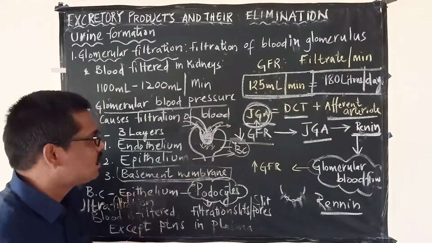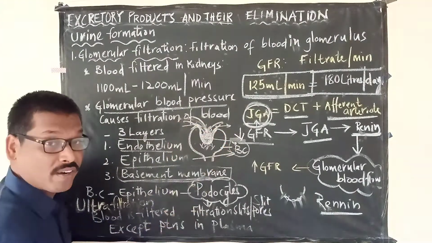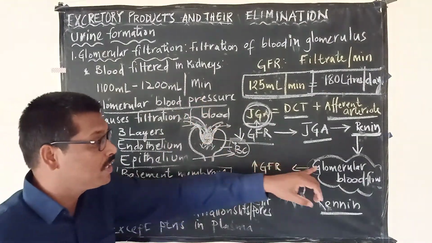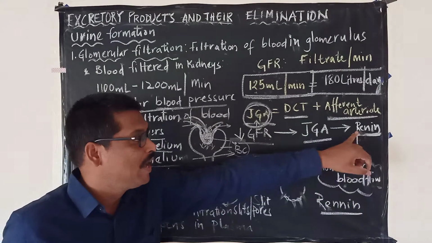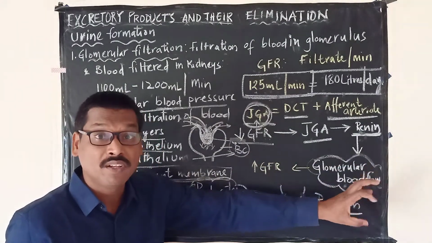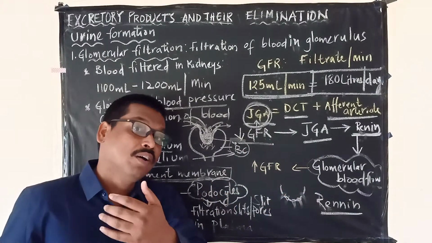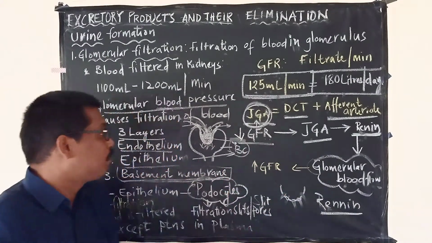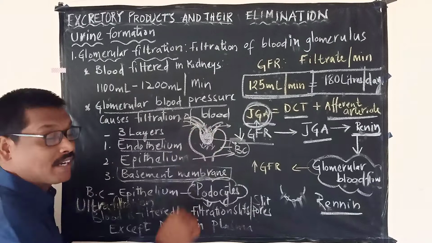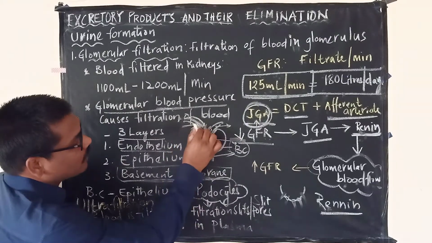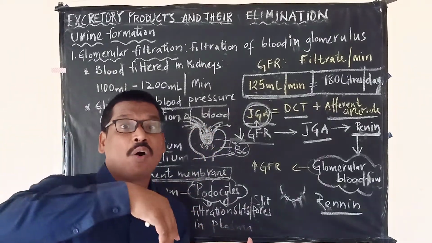The blood that is now coming through what? The efferent arteriole. It acts upon the glomerular blood flow, and this renin is responsible in stimulating, or allowing, more blood to pass through what now? The efferent arteriole. Now through the efferent arteriole, there will be more blood now entering.